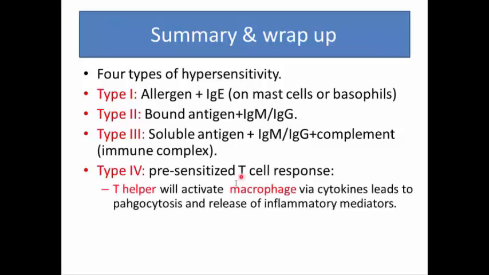On re-exposure, the memory T helper cells will activate the macrophage via cytokines, leading to phagocytosis and release of inflammatory mediators. The last one is that T cytotoxic cells also mediate direct cell lysis of target cells, like in the skin test, expressing the foreign antigen on its surface via MHC class 1.